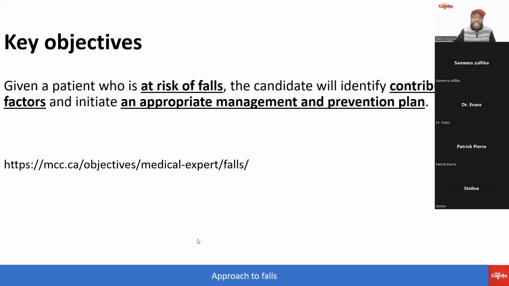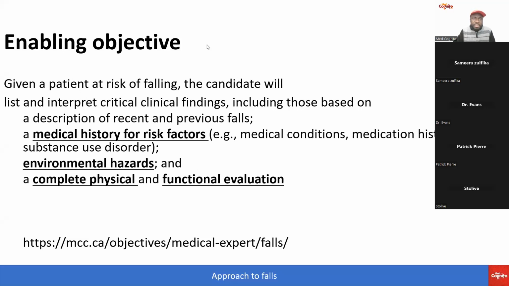So in your learning, pay attention to this: what are the contributing factors, what are the management steps, and how am I going to prevent falls?